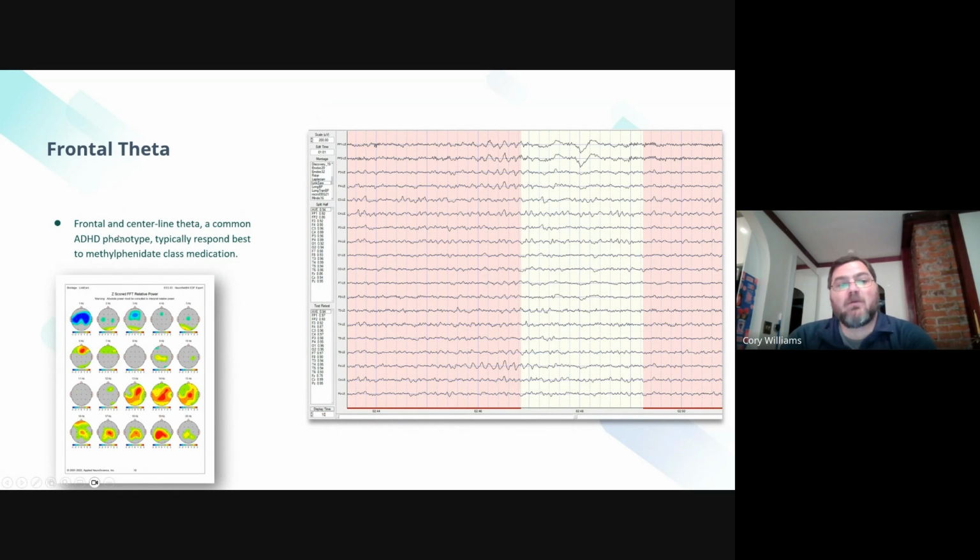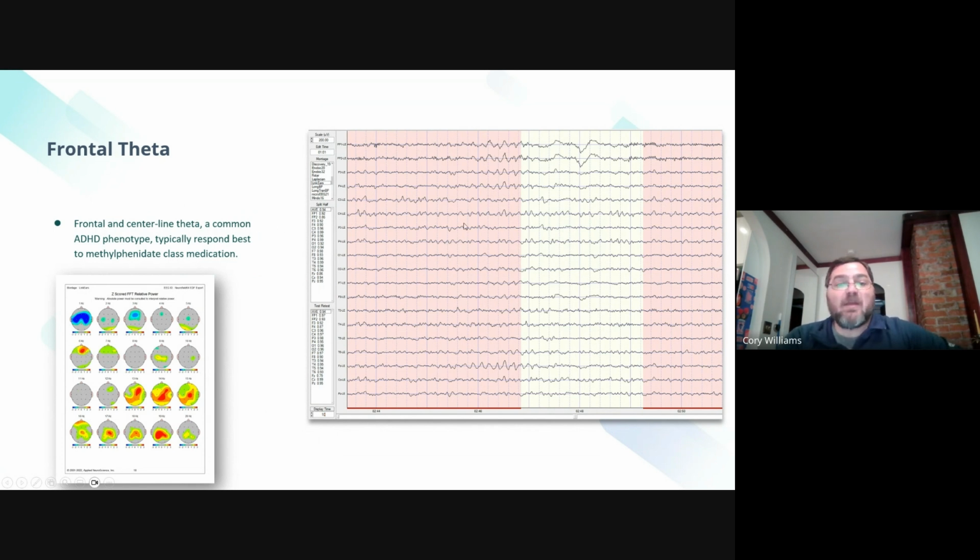So here we see frontal and center line theta. If you're trained in EEG, you can spot it right here up in the front of the brain, and it's very prominent at FZ right here. This is about a 6 hertz theta rhythm. In your maps, this will show up frontally. Sometimes you'll get it down in the central sensors as well, but predominantly in the front.